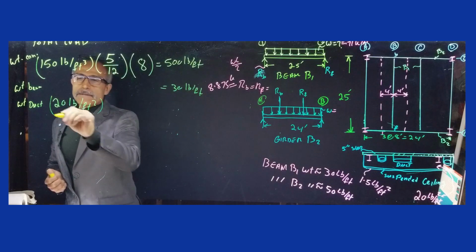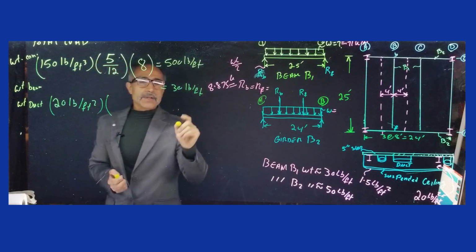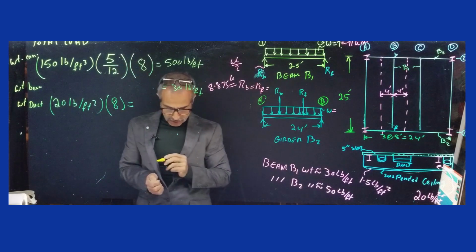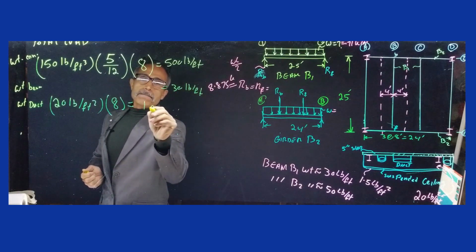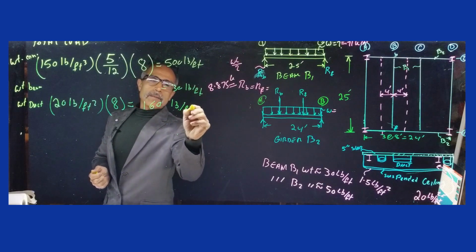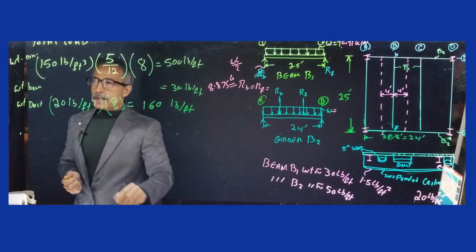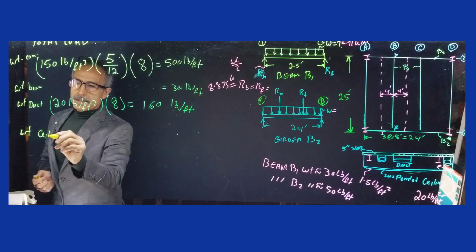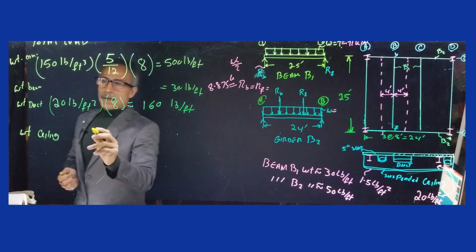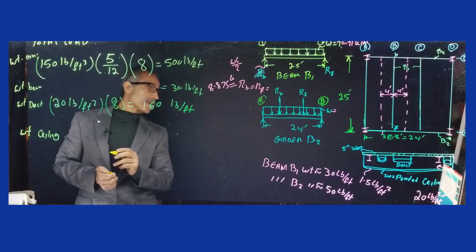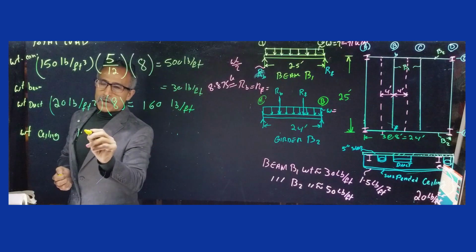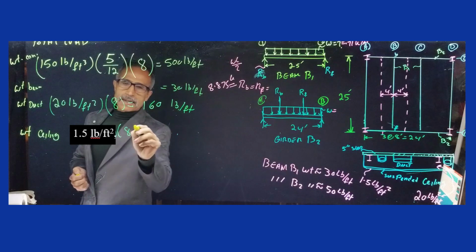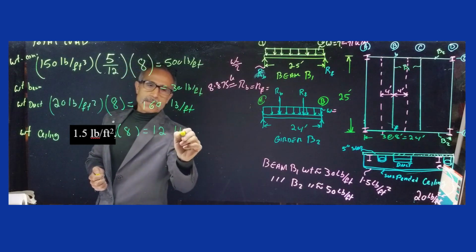Remember your units here. Multiplied by the tributary width of 8 feet, that should give me 160 pounds per foot. The next one is the weight of the ceiling. How much was that? 1.5 pounds per square foot. Multiply that by 8, and that gives you 12 pounds per foot.